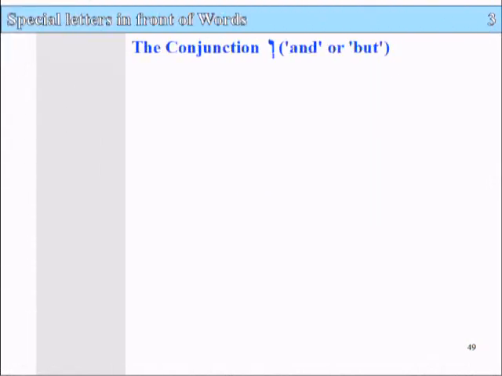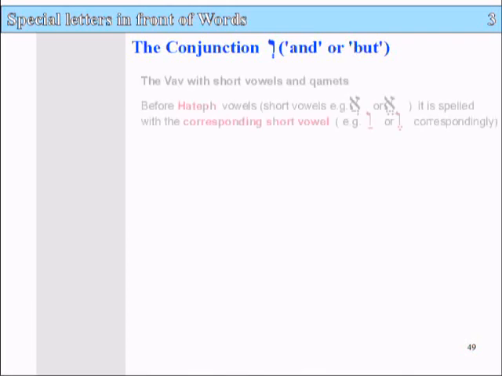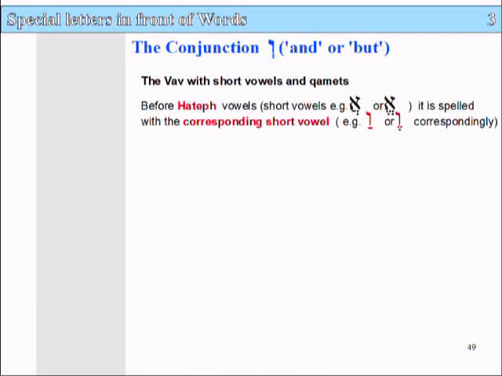Slide 49, Lesson 3, Special Letters in Front of Words, the conjunction vav continued. The vav with short vowels and kamets. Now, short vowels are called hatuf vowels, like this one, patach hatuf, and this one, segol hatuf.